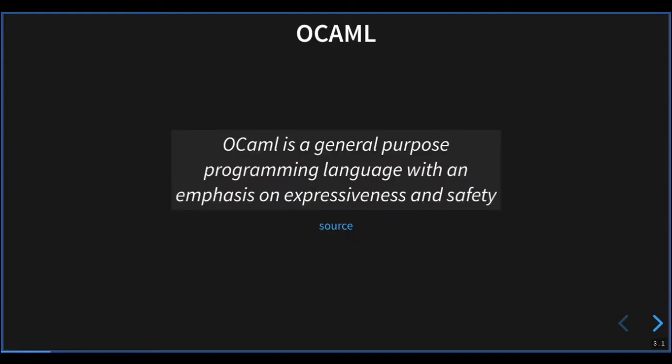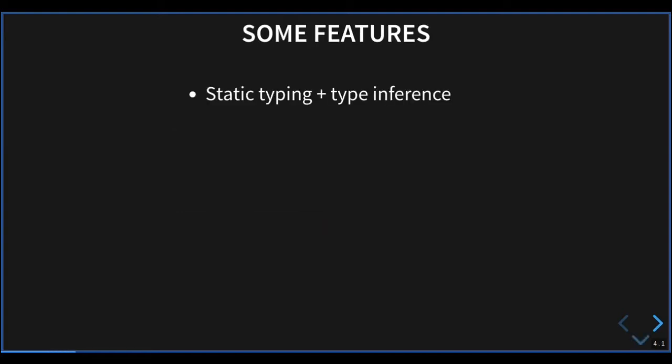So what is OCaml? On the official website of the language we can read that OCaml is a general purpose programming language with an emphasis on expressiveness and safety. And some of its features. This is a statically typed language with support of type inference.